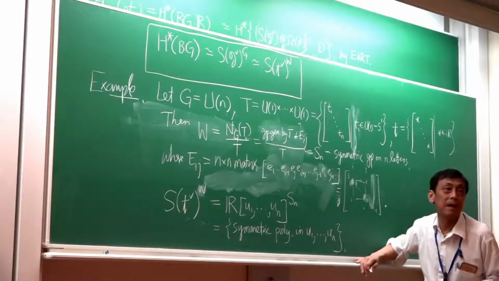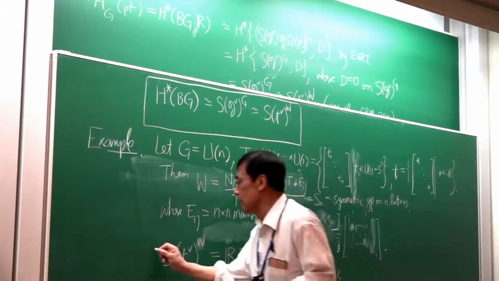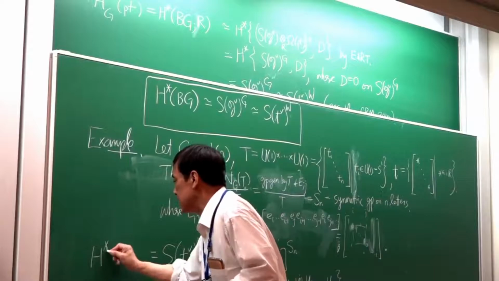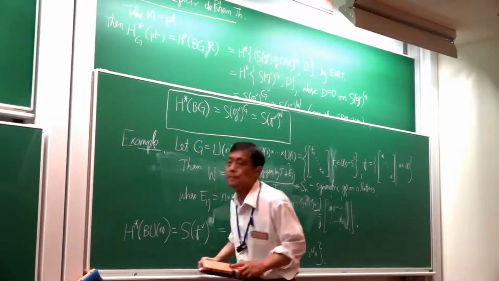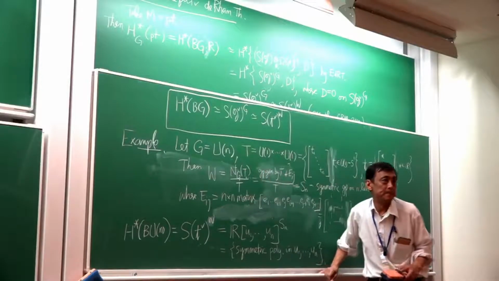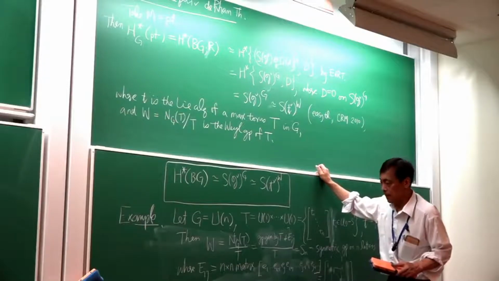Okay? Yeah. And so this is the cohomology of the classifying space of U(N). Yeah. Okay.